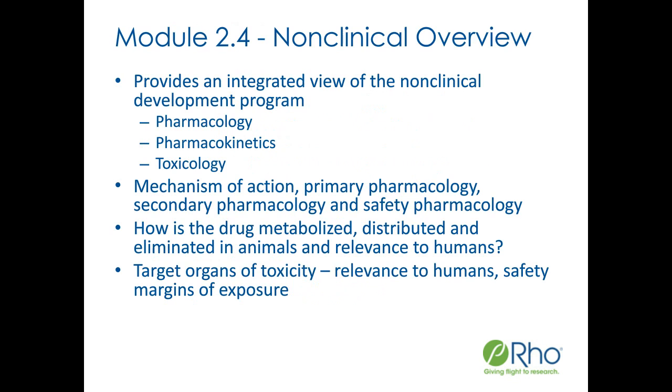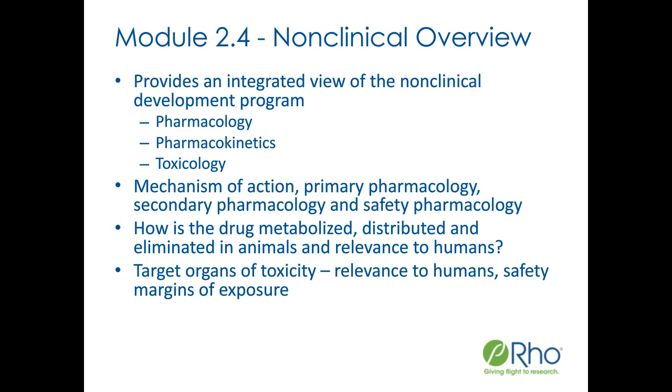And the mechanism of action, it's not an absolute that you must have a mechanism of action for your product, but FDA wants to make sure that you at least did the due diligence necessary to examine what the mechanism of action is for your product. And it also includes primary pharmacology, secondary pharmacology, and safety pharmacology.